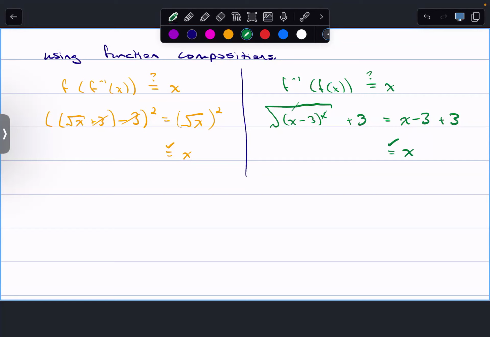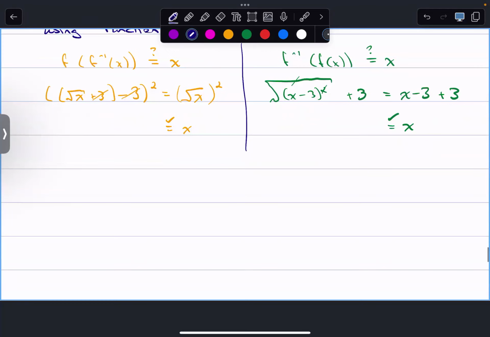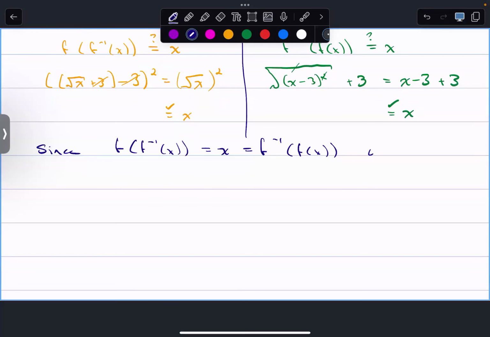Therefore, the inverse we found is in fact the inverse on the restricted domain. I'll say, since f of f inverse of x equals x, which is the same as the inverse of f of x, we have found the inverse on the restricted domain.